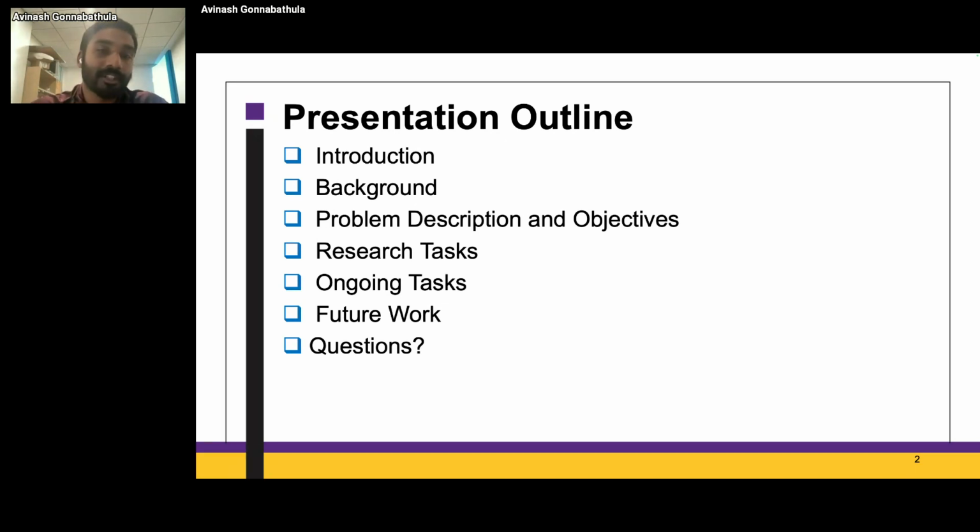This is a brief presentation outline for today, starting with the introduction and background. I'll briefly explain the problem description and objective, further going into the research tasks and ongoing works and the future works for this project.